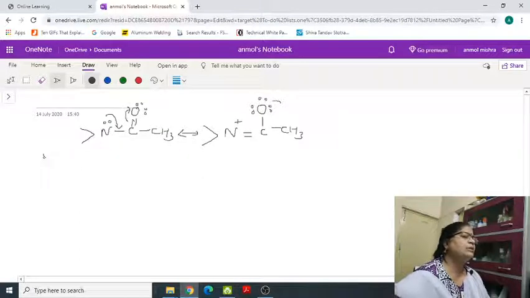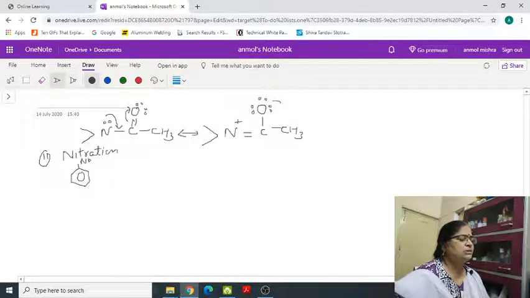A second example we can take is nitration. Now aniline reacts with nitric acid and concentrated H2SO4, temperature 288 Kelvin.